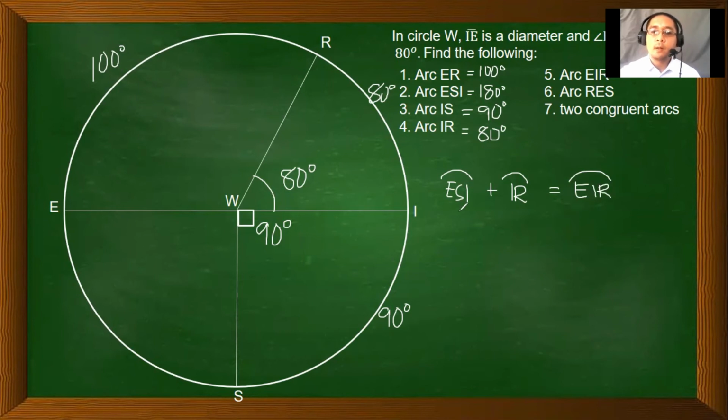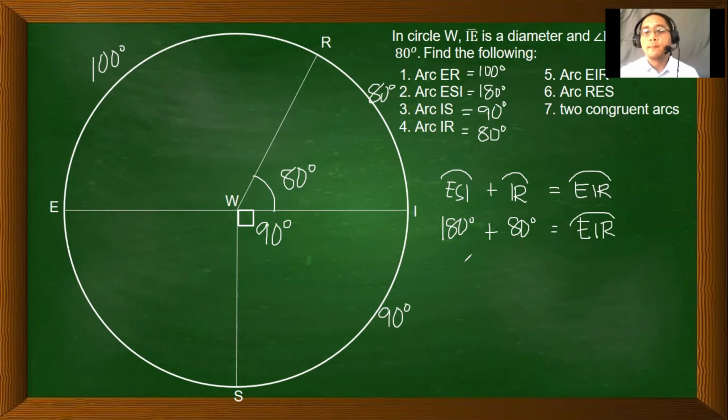Our given measurement of arc ESI is 180 degrees. Then if you add the measurement of arc IR, which is 80 degrees, we directly solve the measurement of arc EIR, which is 260 degrees.